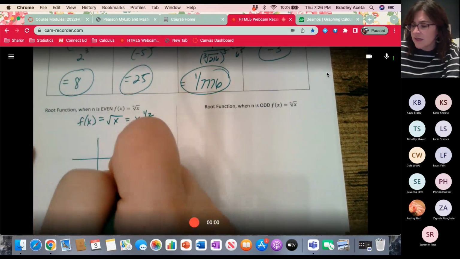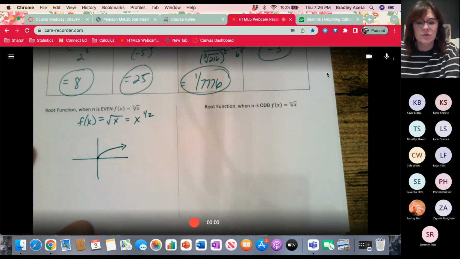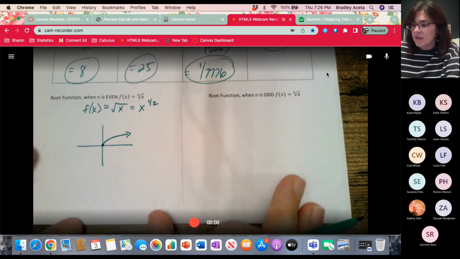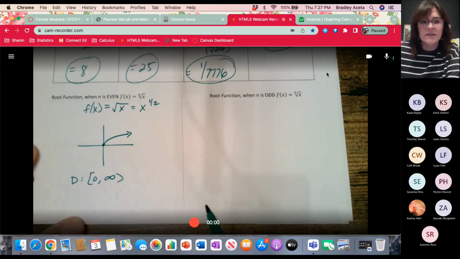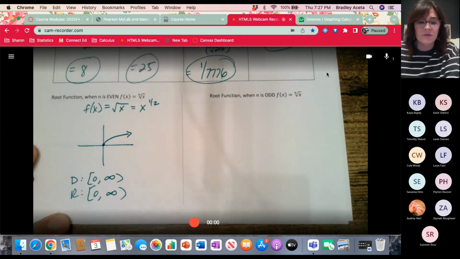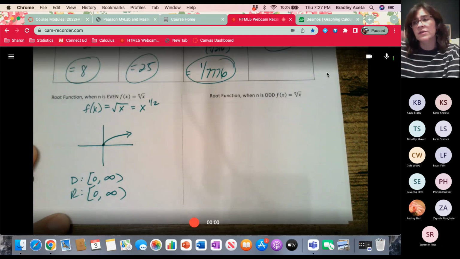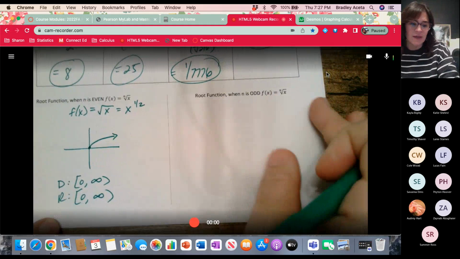It starts here and shoots over and up. Your domain would be from 0 to infinity. That's how wide it's getting. Your range would be the same, 0 to infinity. That's your even power one. So square root, 4th root, and x to the 1/6, 6th root, they all look the same.